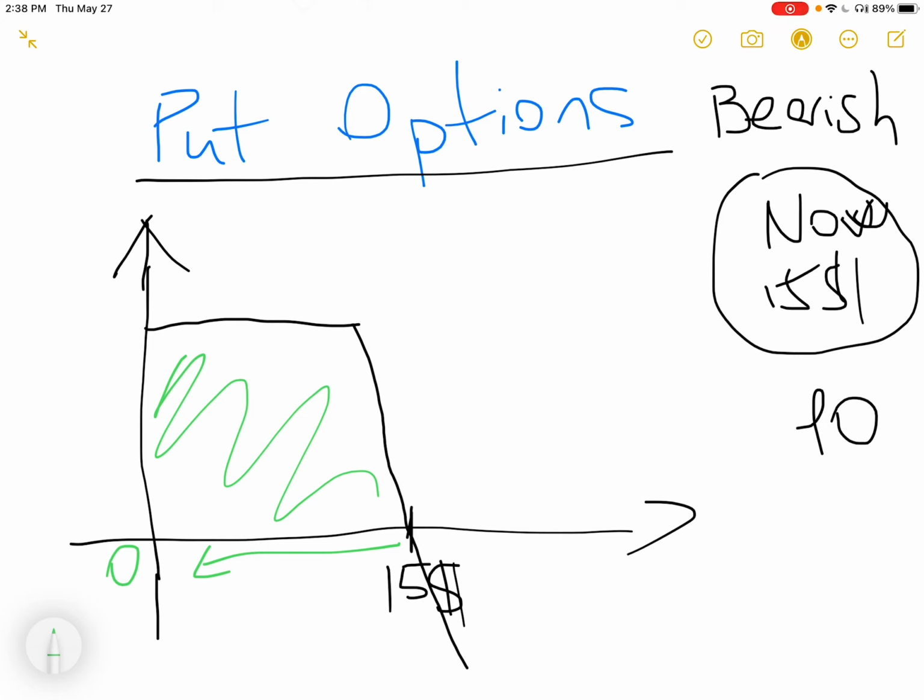In a put option, you have a maximum profit because the company can only go to zero, right? So there is that maximum gain that you can get. If the company is at 15 and goes to zero, so $15 multiplied by 100 shares, you make $1,500. But usually that's not the case. Let's hope that the company goes down to 10.